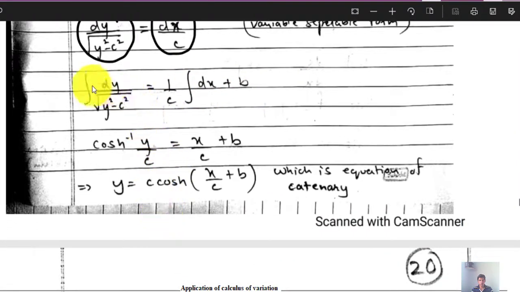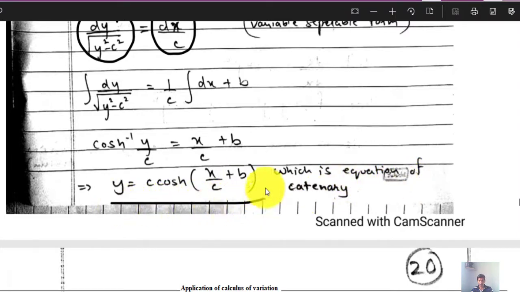Now see here, this equation is nothing but cosh inverse of y by c, which is equal to x divided by c plus b, because I have already taken c over here. Therefore y is equal to c cosh of (x by c plus b), which is the required equation of the catenary.